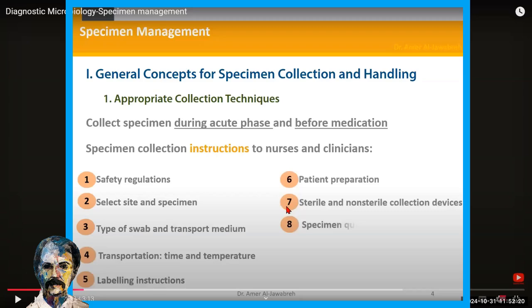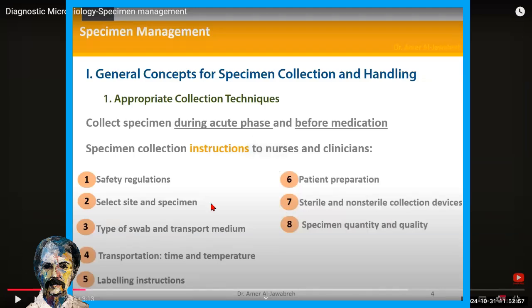And you have to give instructions too: clean well, midstream, clean catch, all these instructions. Give him or her one cup and tell them not to open it until they want to put the sample in. And the swab: there are non-sterile, normal swabs. Don't use them. You have to use sterile swabs for culture.